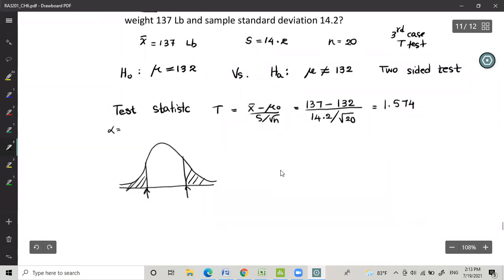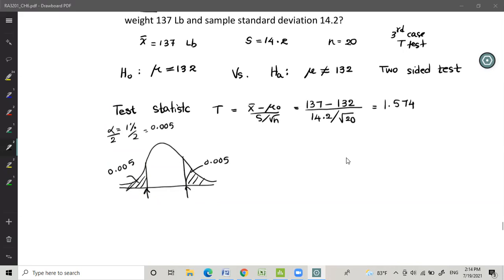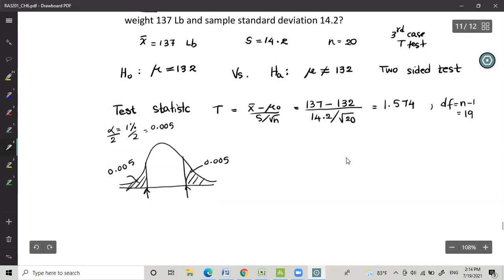So if alpha is 1%, you have to divide it by 2 because it's a two-sided test. So you'll end up with 0.005 or 0.5%, which is what each tail should contain. Okay, so we need the cutoff value from the T table with the degrees of freedom n minus 1. n is 20, so the degrees of freedom will be 20 minus 1, which is 19.